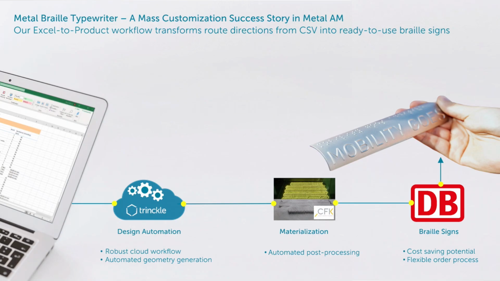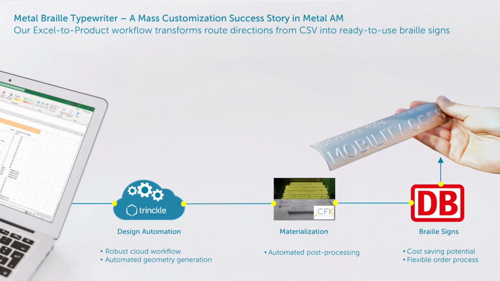I will show the system in detail in a second, but in a brief overview, the system works in a way that the client, in this case the Deutsche Bahn, defines in a very easy way what signs they want to have. This goes into our Trinckle Paramate system. The signs are created in a very robust and functional workflow.